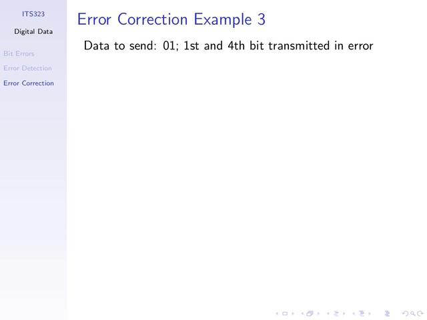And to get you started, if the first and fourth bit are transmitted in error, then the received code word would be 10101. That's the received code word.